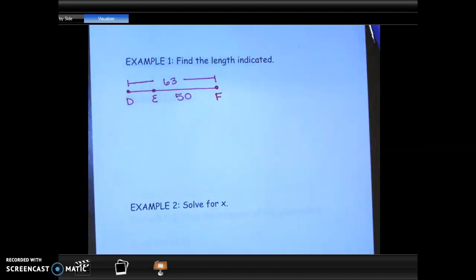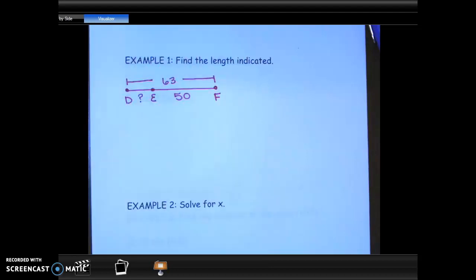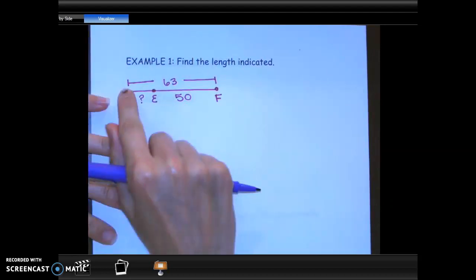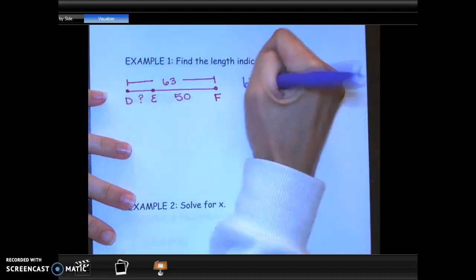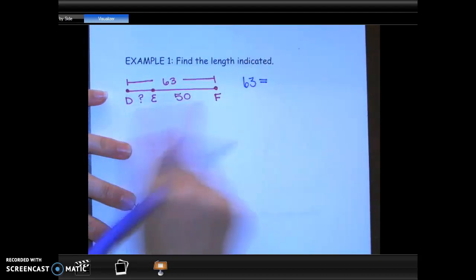Alright, so here's what we're given. They want us to find the indicated length. So this is what we want to know, the question mark. So we're going to look to see, do we know the whole thing? So do we know the entire length here? We do. It is 63. And it's going to be equal to our two small ones added together.